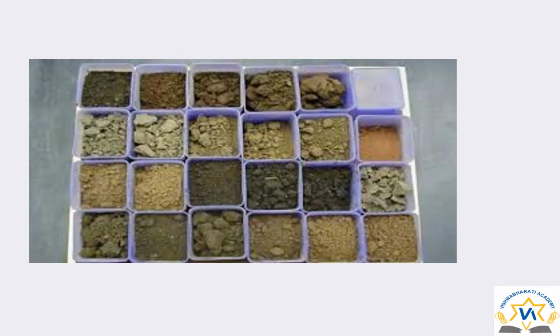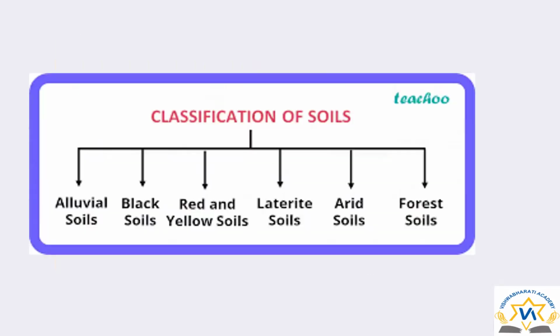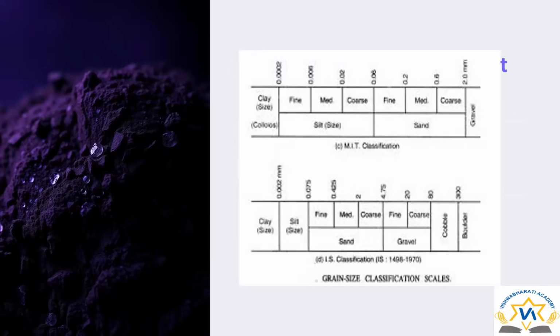But what is the grain size? In this picture, the range shows the size of the grain size classification scale. The first size, the clay size, is 0.002 mm.